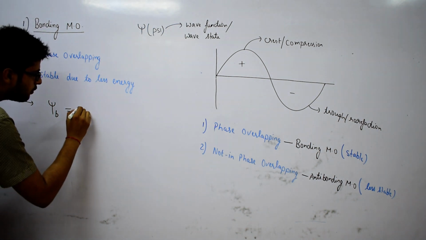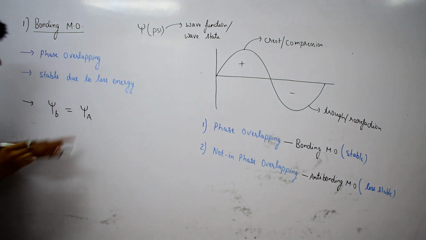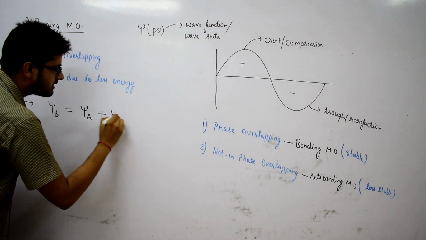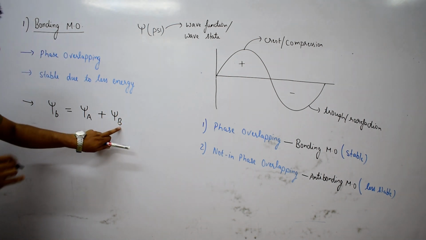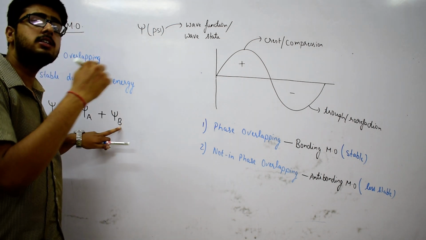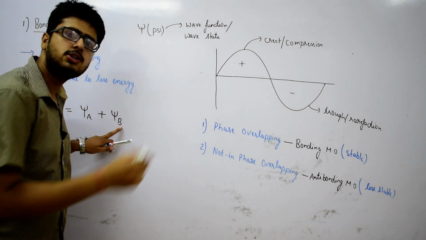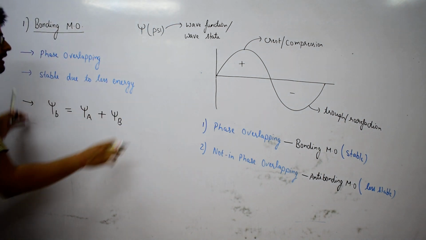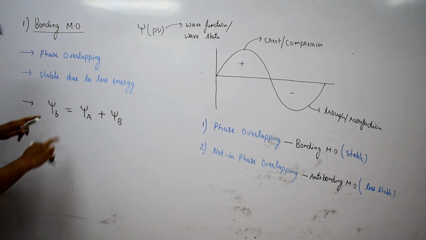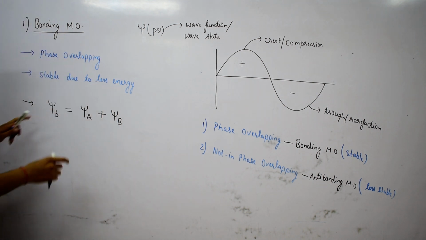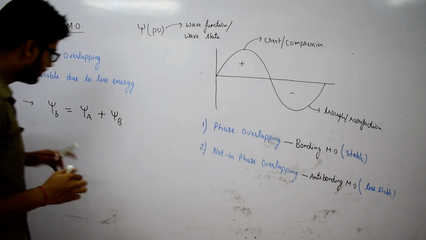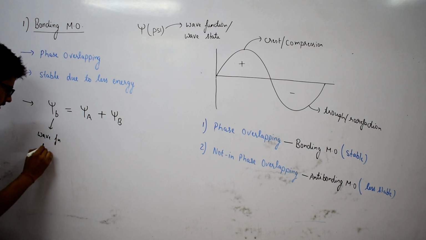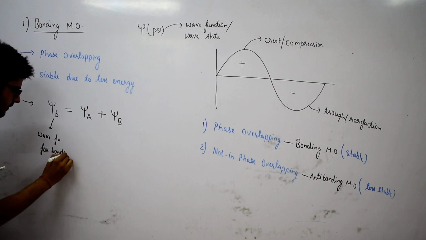So, let us treat one as psi a, the first combining atomic orbital, and the next one as psi b, the next atomic orbital, which has phase overlapping for the formation of the bonding molecular orbital.